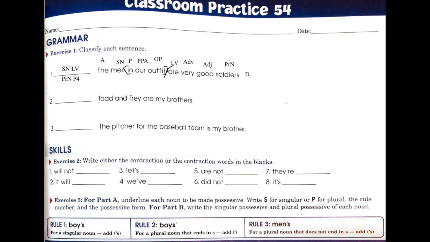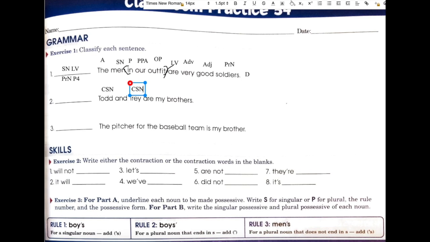Okay, next sentence. Todd and Trey are my brothers. Who are my brothers? Todd and Trey. Compound subject noun. And is always a conjunction. What is being said about Todd and Trey? They are. Verb. Todd and Trey are who? Brothers. Does brothers mean the same as Todd and Trey? Well, yeah, they're referring to the same people. So brothers is a predicate noun.